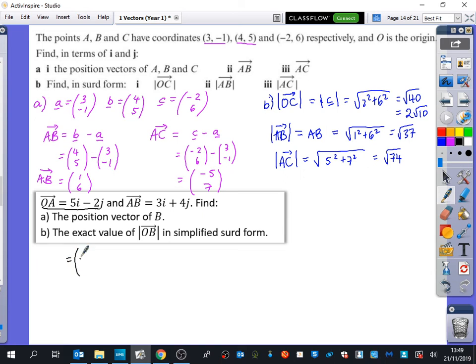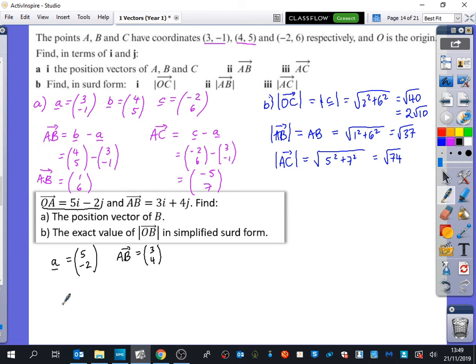I'm going to say that something is (5, -2). What do you think my something I'm going to write there instead might be? Yeah, I'm actually just going to write A, because I know that from the origin to A is just the same as the position vector of A. And I've also been told that AB is (3, 4). And I want to find out what B is.